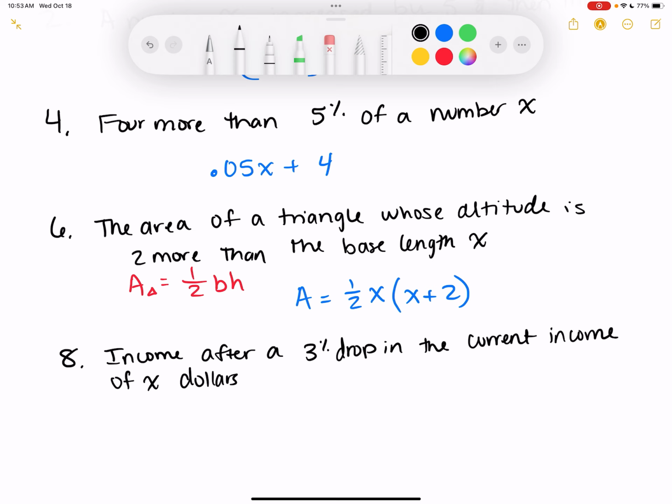Make sure you pay very close attention to what the problem says, because I guarantee it's not what you think. I'm just gonna guess x minus 0.03x. So I'm looking for the income after a 3% drop in the current income.